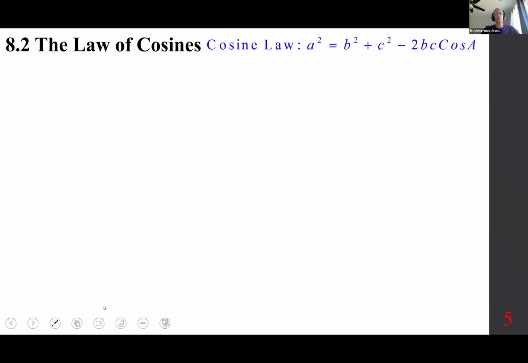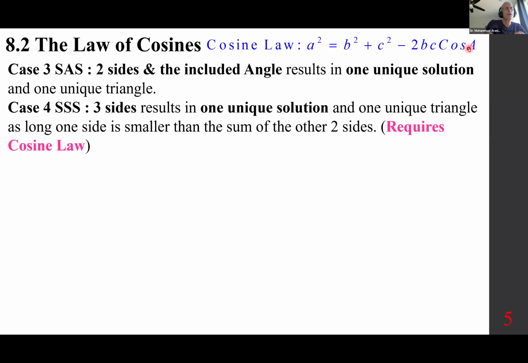And now, the cosine law indicates that a squared equals b squared plus c squared minus 2bc cosine A. This is the included angle for b and c. And so we are going to prove that shortly.